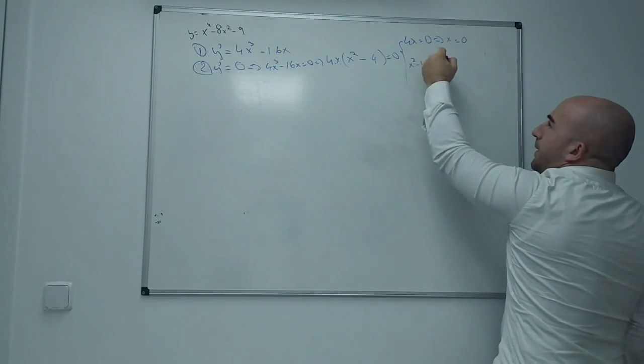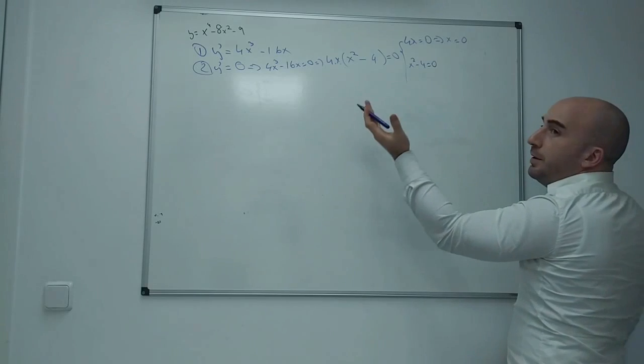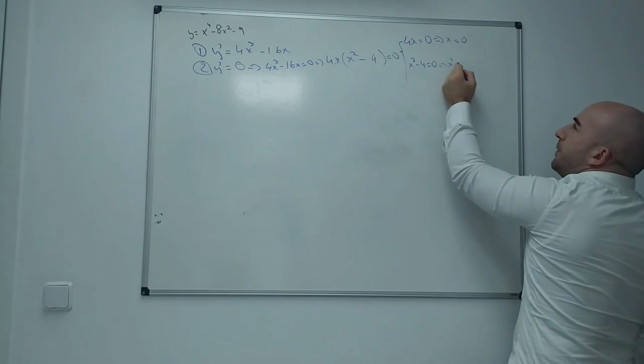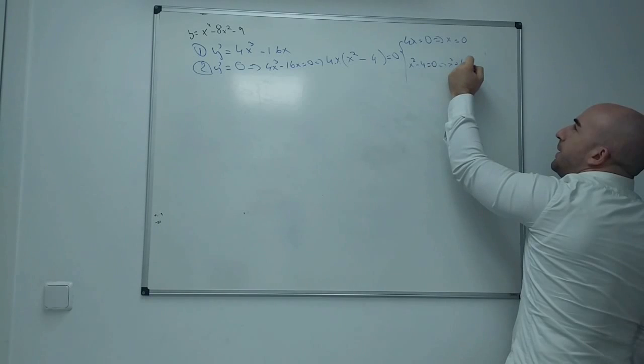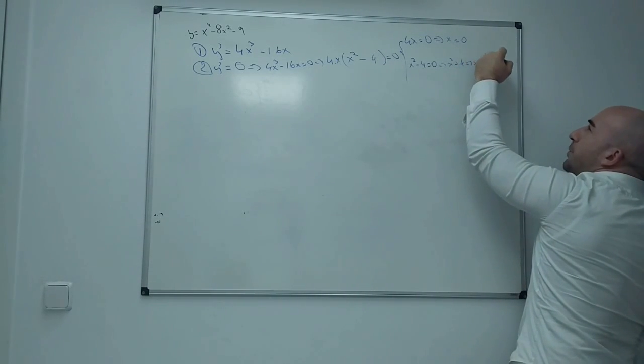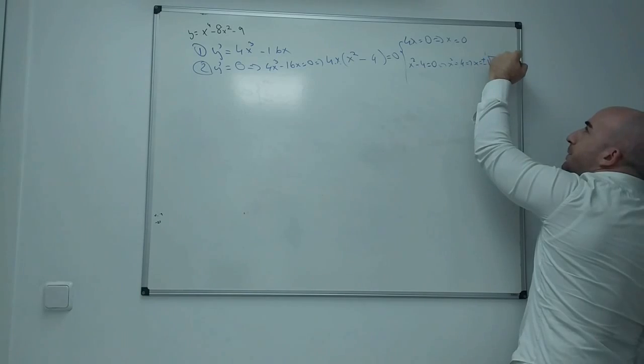So you have to solve this. Two ways to solve it. You either say x squared equals 4, so that means that x equals plus or minus, don't forget, the square root of 4, which is plus or minus 2.